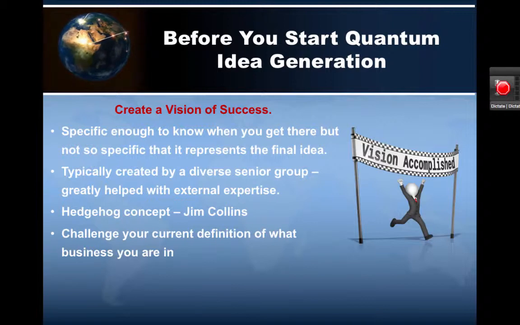We typically suggest that in creating a vision for success that you assemble a diverse group, a senior diverse group, top management. To greatly help this process, you can invite external expertise into the process.